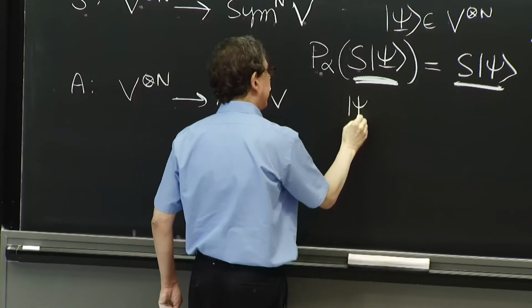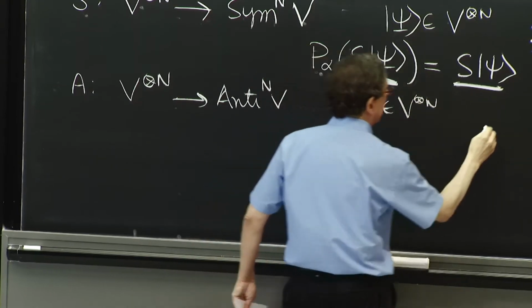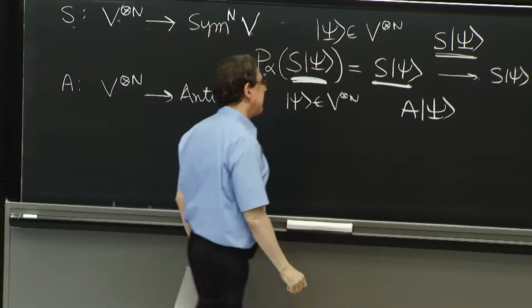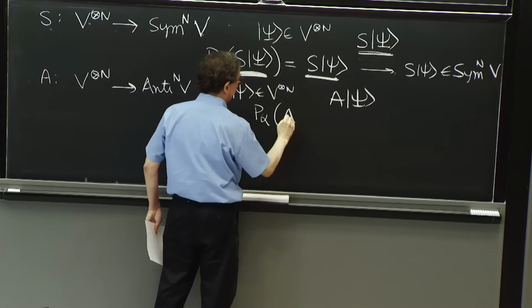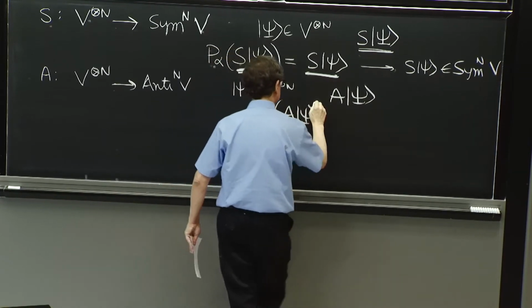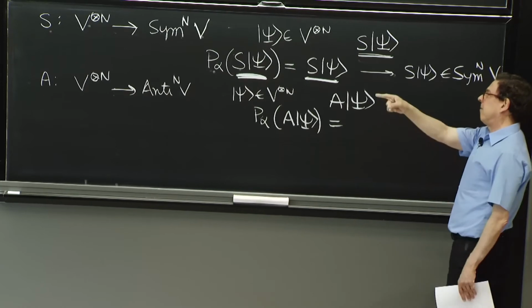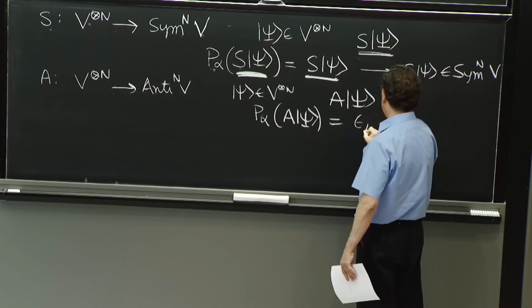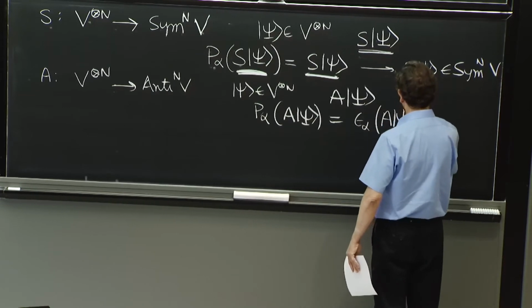So indeed, if again you have some psi in V^n, you can then form A psi and see where it lies. For that, you apply P alpha on A psi. But P alpha on A, from that middle blackboard, is epsilon alpha A psi.